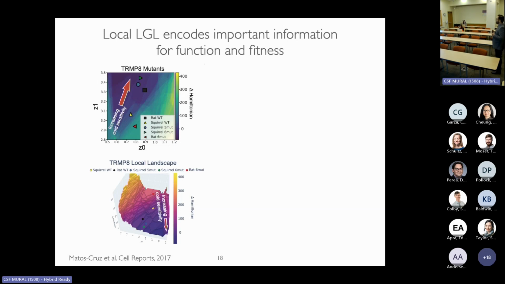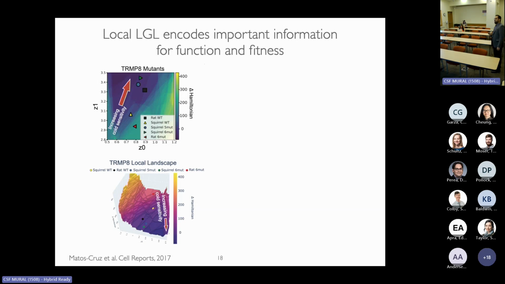Well, rats have their TRPM8 version, and they're sensitive to cold. They did experiments where they realized that rats are much more sensitive to cold. So what they did is they essentially took the squirrel version and put it in rats. And then they realized that they start losing cold sensitivity, right?